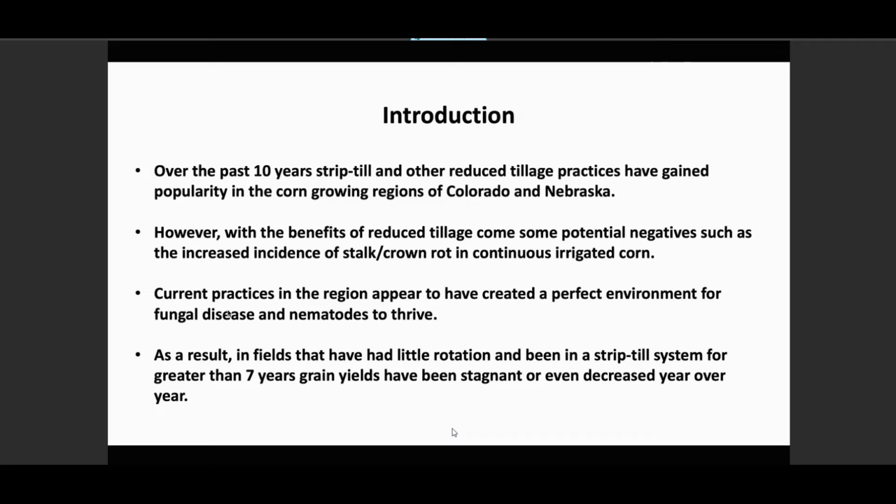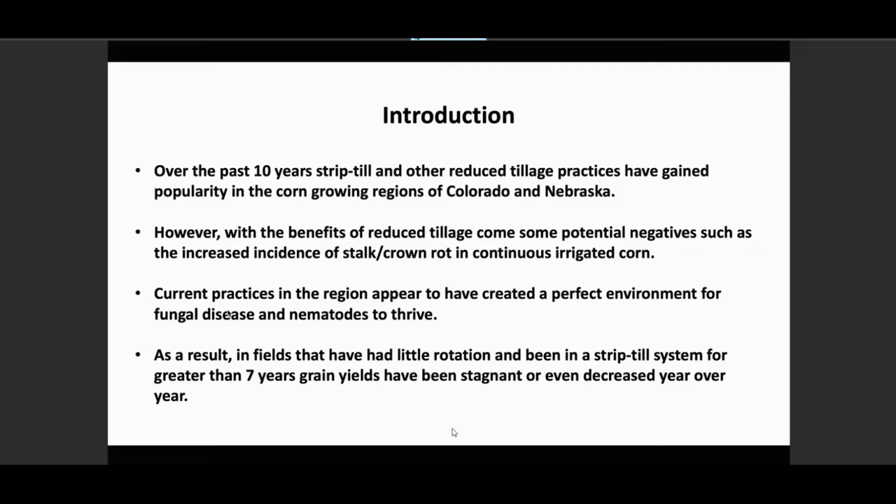In Colorado, western Kansas and Nebraska, we have about 1 million acres of corn produced, and there's very little scope for crop rotation. The current management practices in our region appear to have created a perfect environment for the fungi and nematodes to thrive.